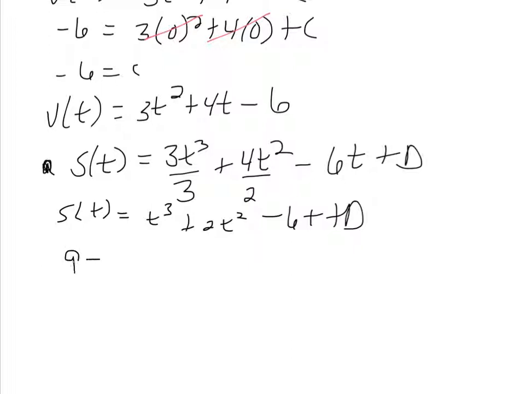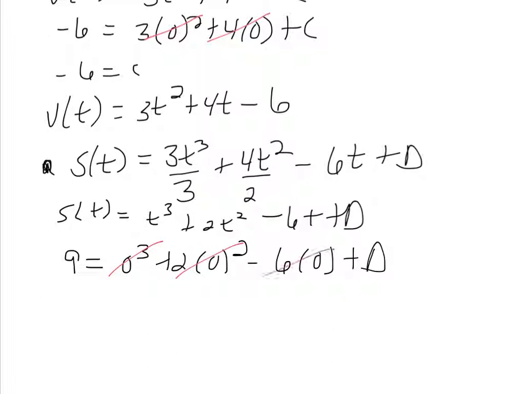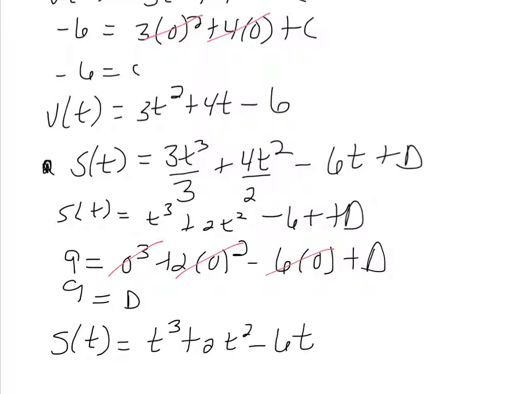So in other words, my position is 9 when my time is 0. And again, conveniently, these all go to 0. So we have d equals 9. So my final antiderivative or position function is going to be t cubed plus 2t squared minus 6t plus 9.